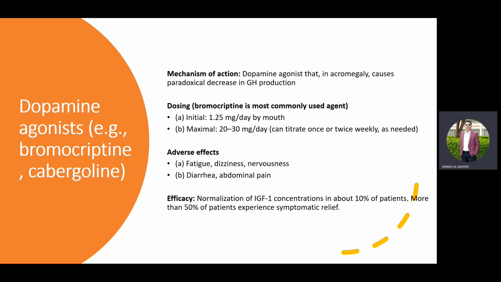We can start with 1.25 milligram per day by mouth, given orally. Also, cabergoline is given orally. Side effects: fatigue, dizziness, nervousness, common side effects that might happen when you give dopamine agonist drugs. Efficacy: only 10% of the patients will get normalization of IGF-1, but when it comes to symptom relief, actually 50% of the subjects will experience symptomatic relief.